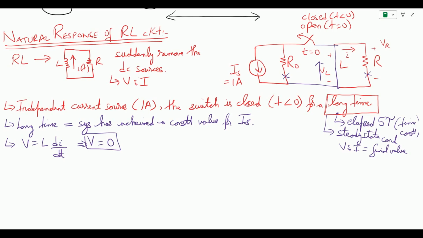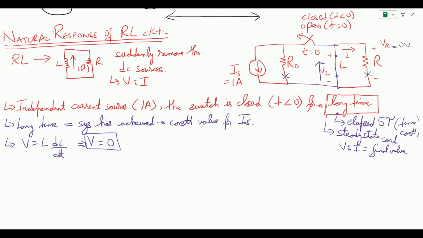So when a constant flow of current is given because of the long time of the switch being closed, the inductor is going to behave as a short circuit, which means that the voltage appearing will be 0 volts. So this is the first condition that we have noted from this graph.